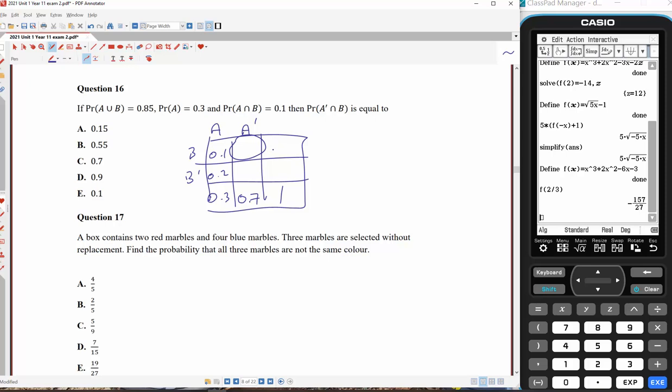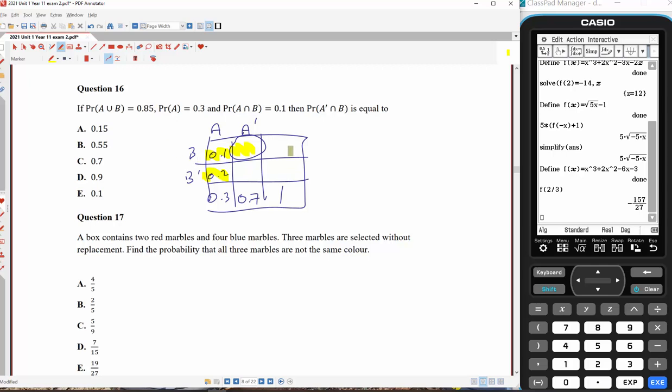How am I going to get that? So we've got the union. Yeah, there it is. So the union is these 3 things put together: A and B, A and not B, or A only, and B only.